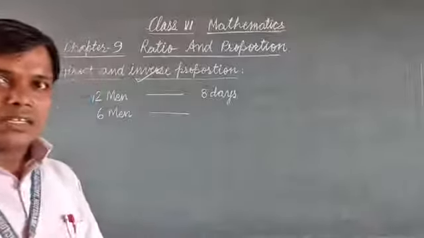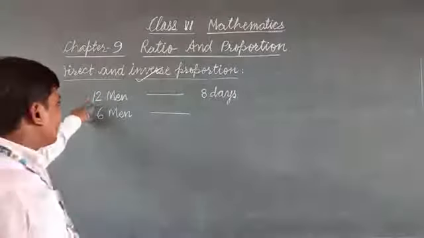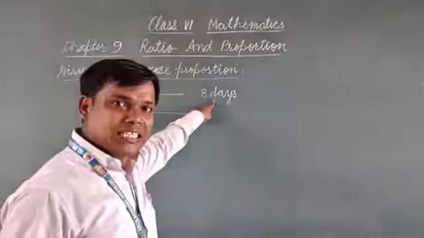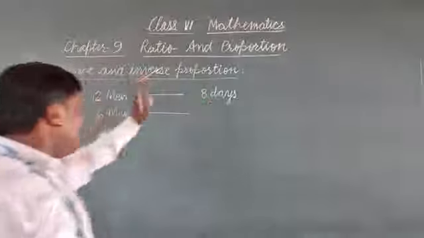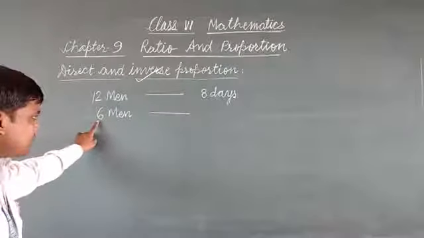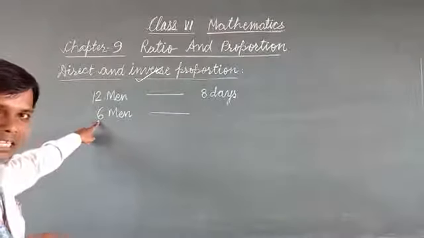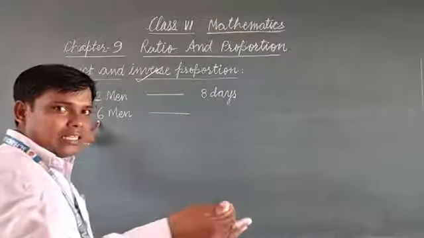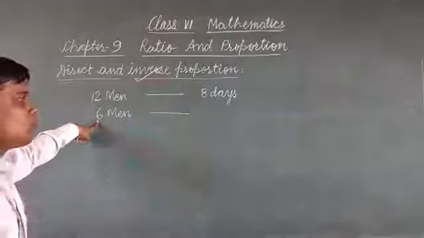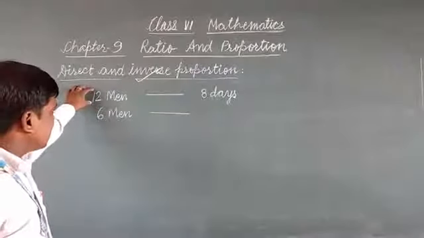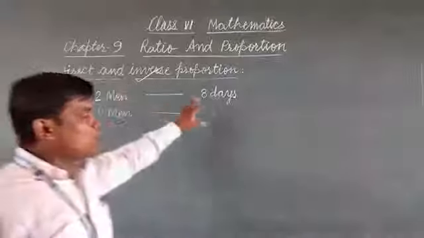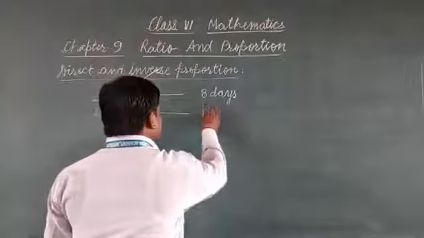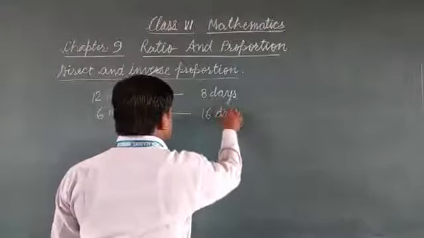As you are seeing here, the number of men is 12, then the work they will complete in 8 days. And if their number becomes 6, then how many days will they take to complete the work? More days. They will take more days to complete the work, because the number of men is decreasing, so the number of days will be increased. So it will be 16 days.